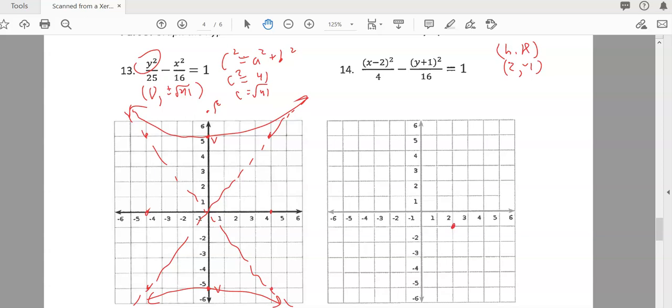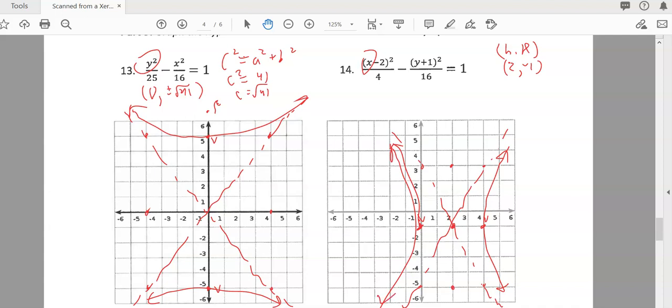You go up 4 from that, 1, 2, 3, 4, down 4, 1, 2, 3, 4, to the right 2, to the left 2, make my dot box, draw my dotted horizontal lines. This is x first, it's horizontal, so these are my vertices, so the hyperbola looks like this. It goes through that point, sorry, missed that a little bit.